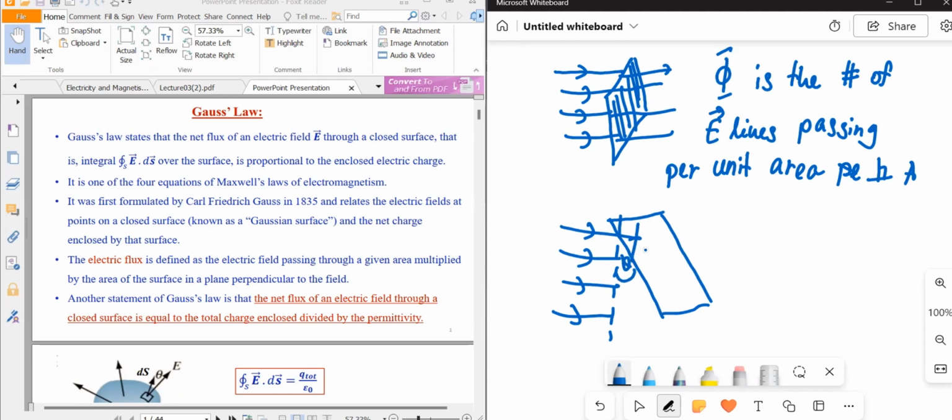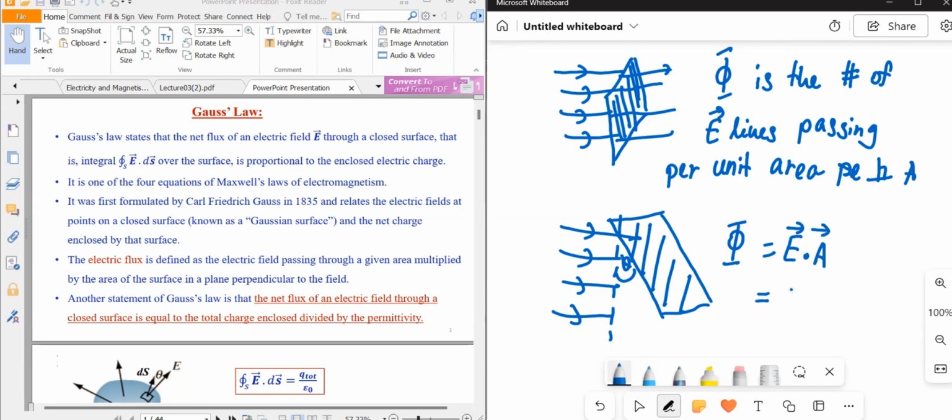Now this is the considered area. Electric field lines passing through this area are not perpendicular to that area. So in that case, we can write the net flux, or the flux psi, is equal to E dot A.